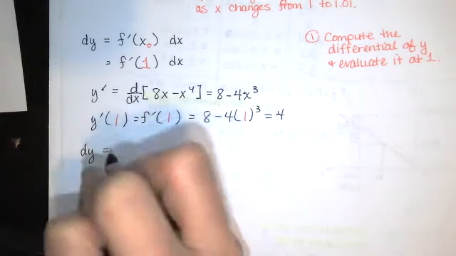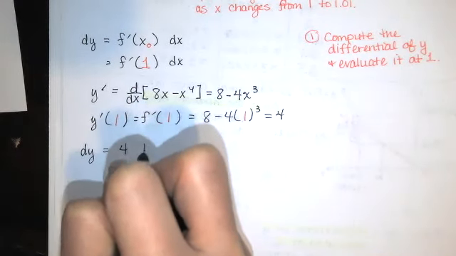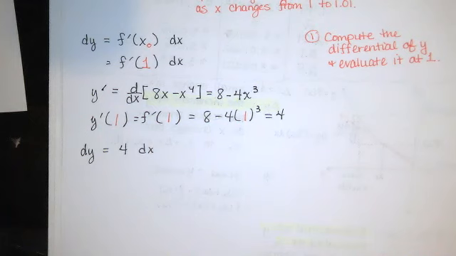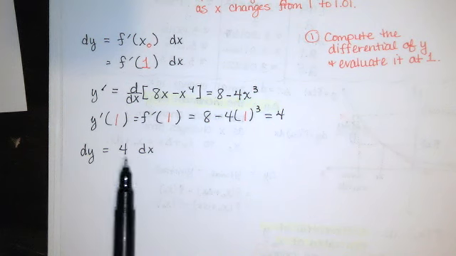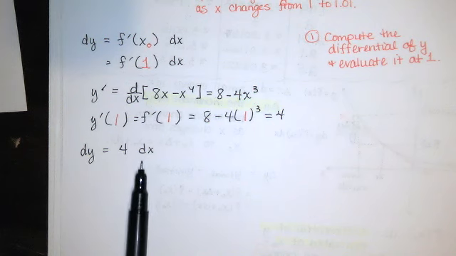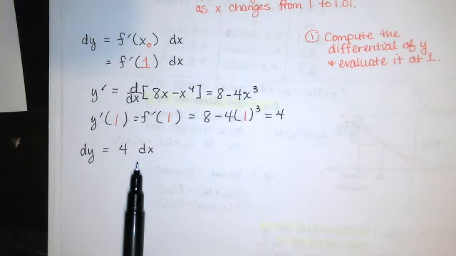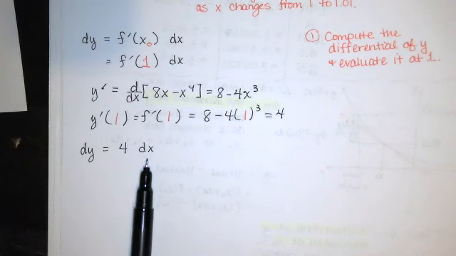So dy is 4 times dx at that point. And what that tells us is, as x changes by a little bit, the y values are going to change by 4 times that little bit if I'm on the tangent line. This time our delta x, or dx, which are being used interchangeably in this context, they're both equal to 0.01.